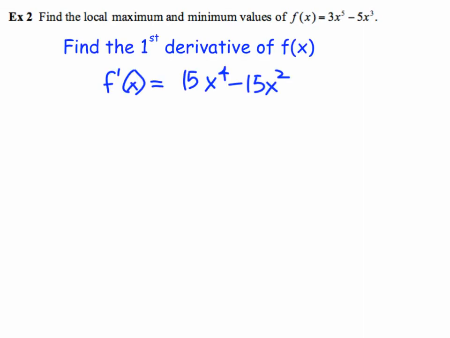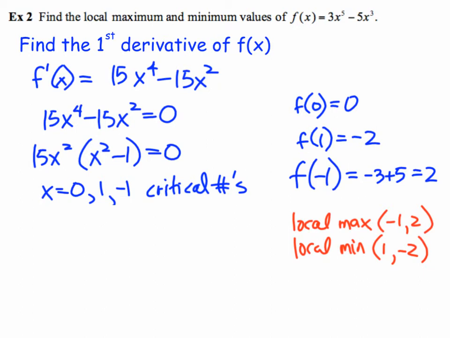So there's my first derivative of 15x to the 4th minus 15x squared. I'm going to factor out a GCF of 15x squared. And I will find that my critical numbers are 0, 1, and negative 1.